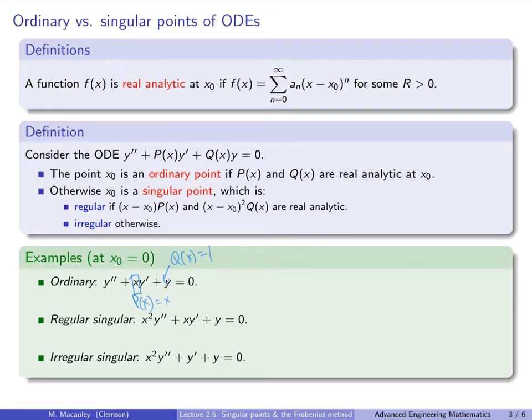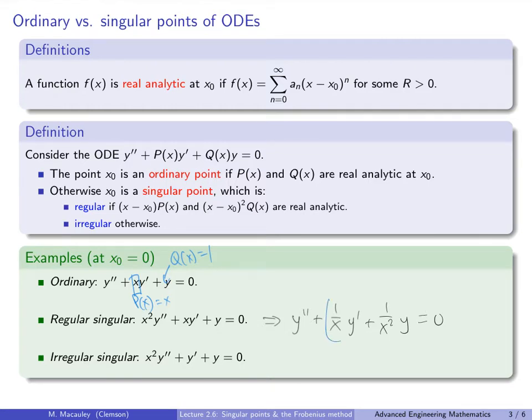Okay, the second example, I claim that 0 is a regular singular point of this equation. So here's why. We have to write this equation in this form. And the key here is y double prime is monic. So we have to write this equation as y double prime plus, now x over x squared, that's 1 over x, y prime, plus 1 over x squared, y equals 0.